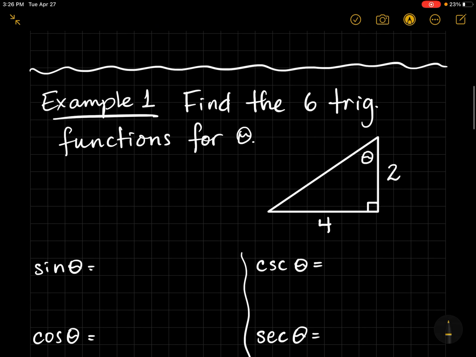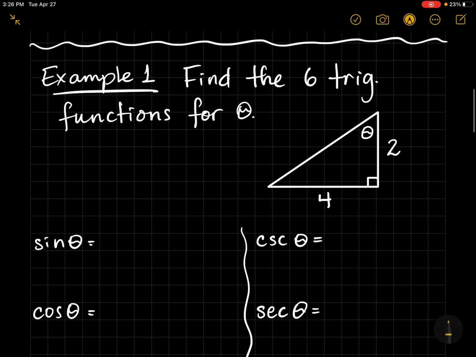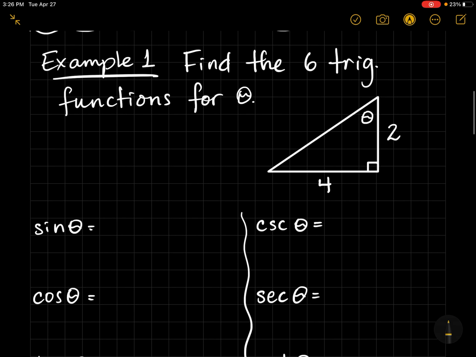Find the 6 trig functions for theta. So, we already know sine is opposite over hypotenuse. And if you forgot how to do that, you can ask my boo, Sokatoa. Alrighty.